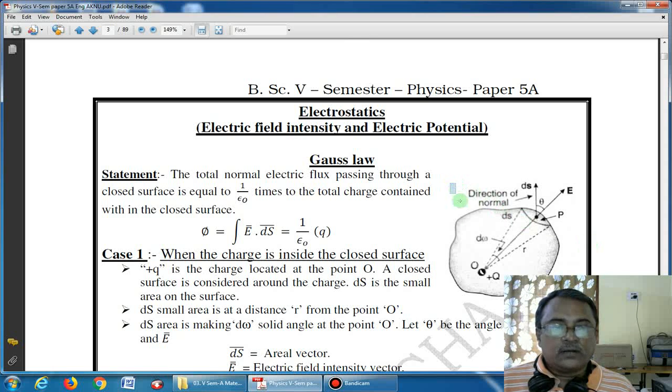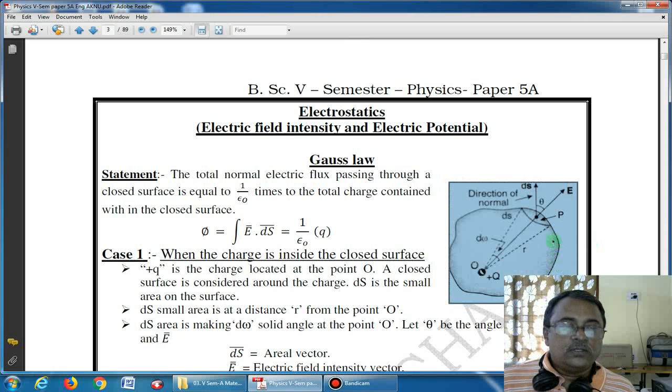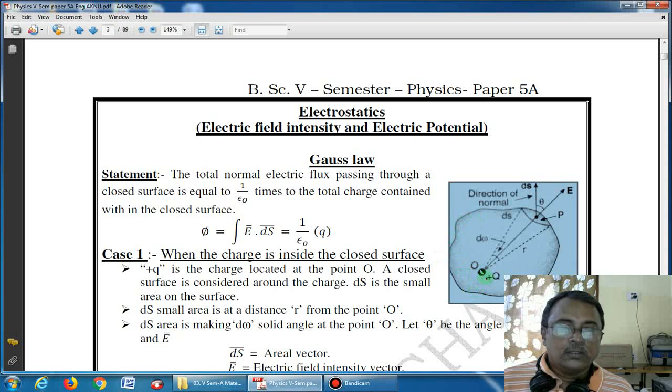See this figure. In this figure, this irregular shape is a closed surface. Suppose if we place a positive charge within the closed surface, then it has electric field lines.